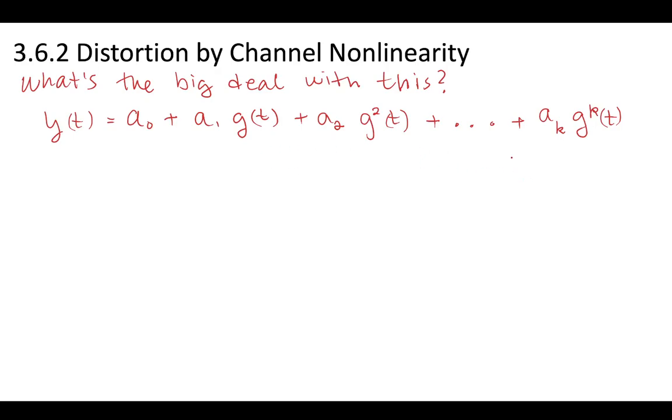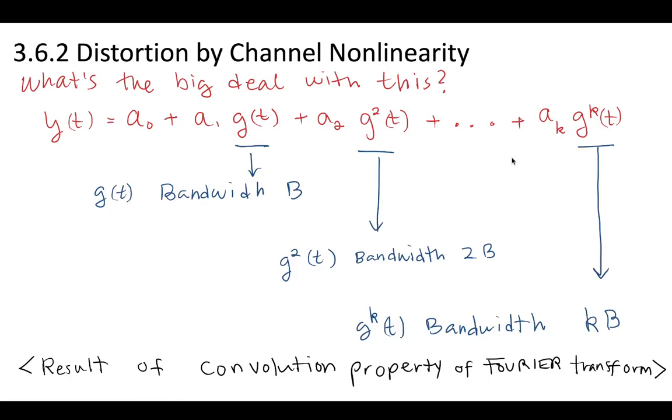Each time you get a higher power, it corresponds to a higher bandwidth, when you consider the convolution property of the Fourier transform. If you go back to your Fourier transform table, you'll see that the first power will have some bandwidth B, but when you take it to the second power, that doubles the bandwidth.